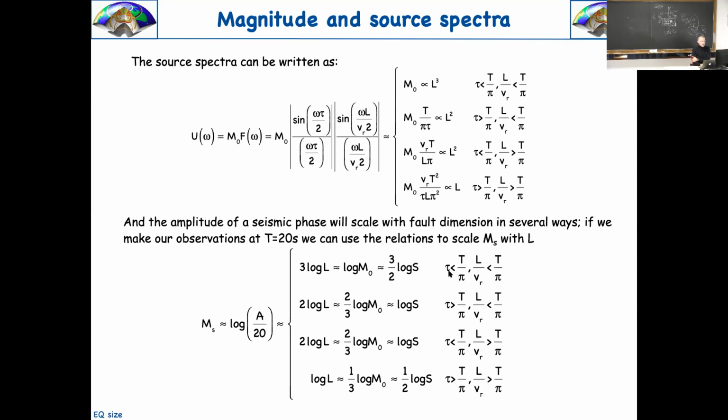For example, here, tau is less than T over pi. Let's take 20, let's take 21. Divided by pi, that is 3, I'm sorry, that's 7. Okay, tau usually is less than 7 seconds. And rupture time usually is not less than 7 seconds.